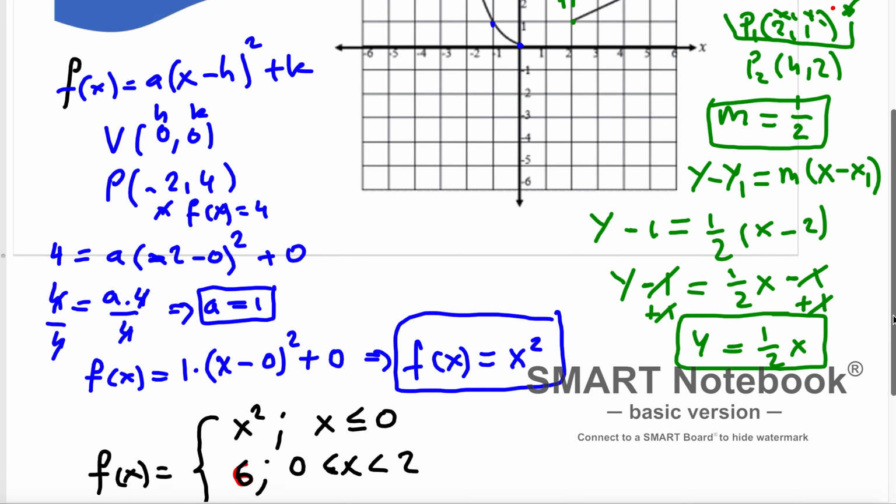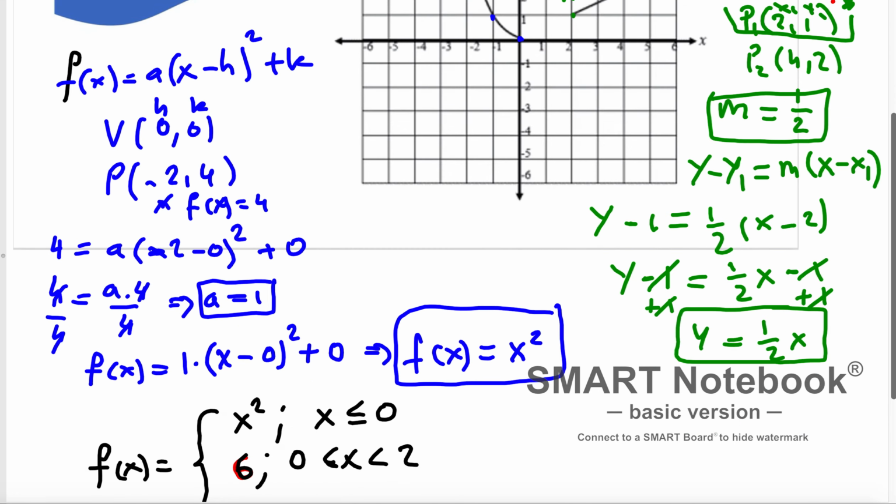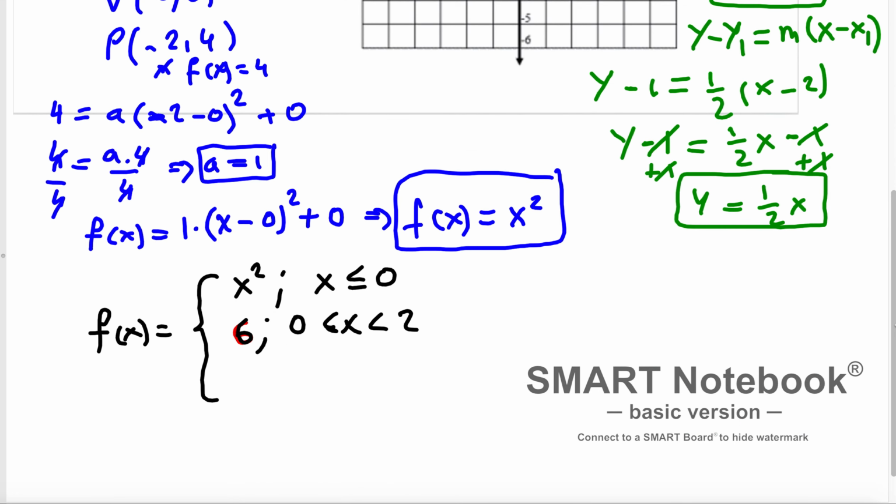This is the equation for this graph, in the interval from 2 to infinity. It is a closed-open interval because it includes 2 and goes to infinity, because this arrow tells us it's going to go to infinity. As a piecewise function here, we can write the expression in the interval where x includes 2 and goes to infinity.